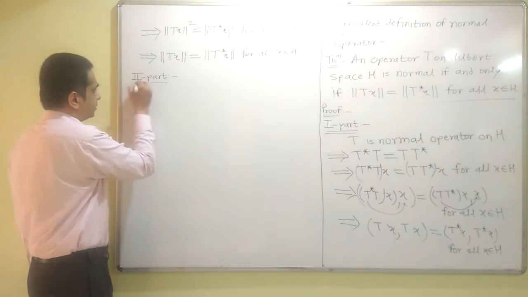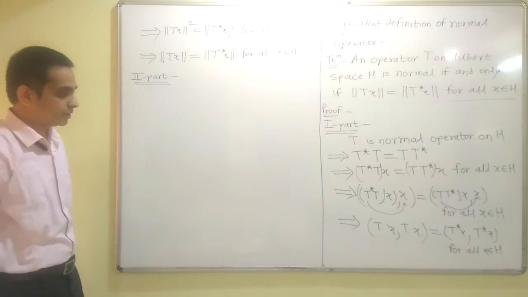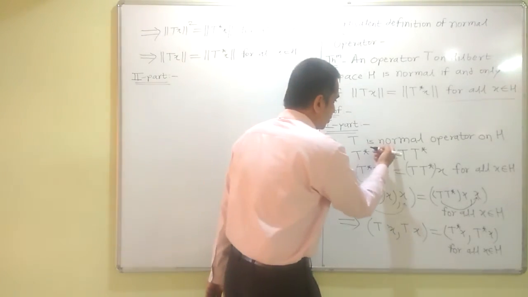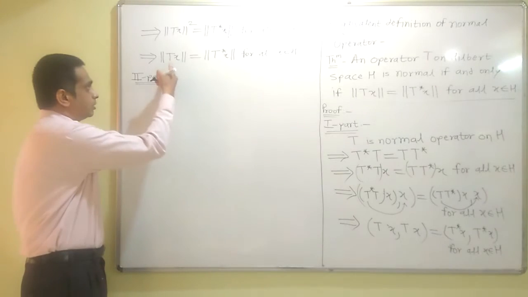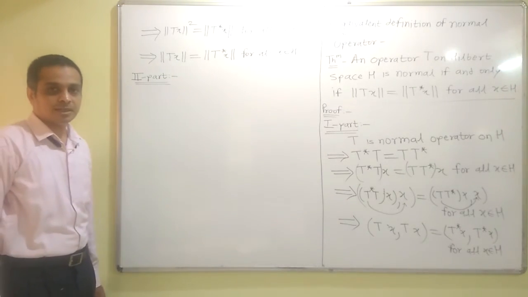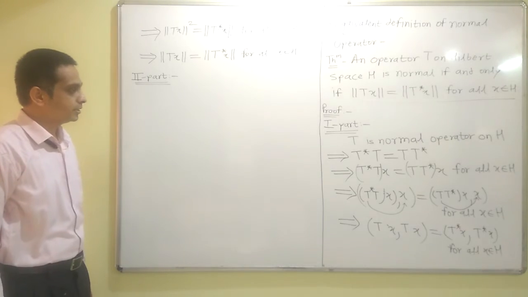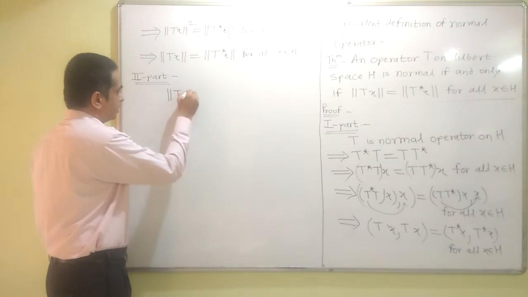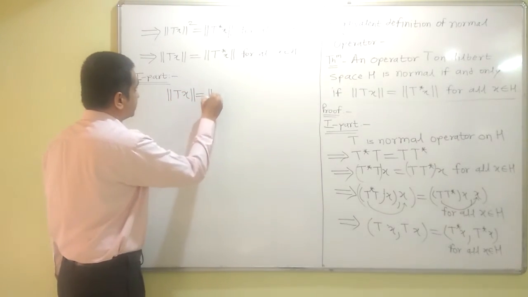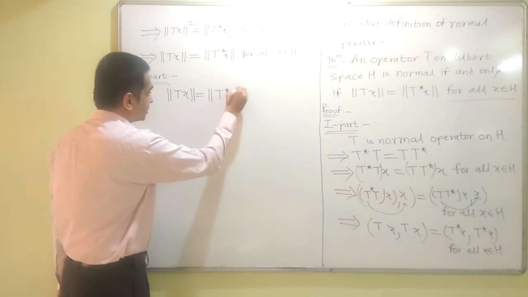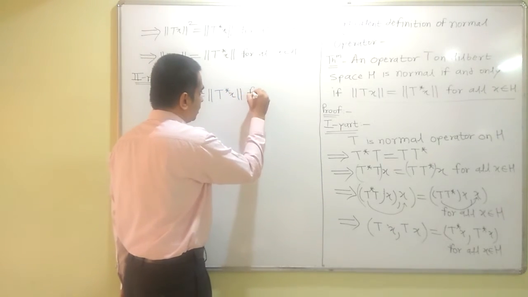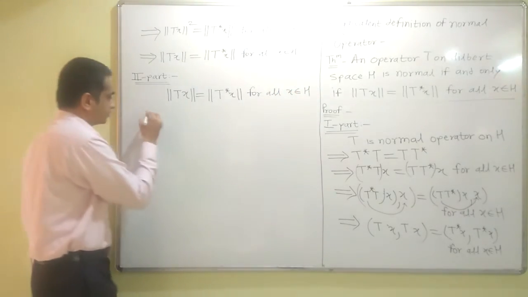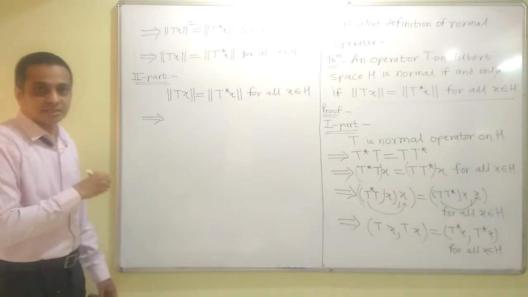In the second part we are going to prove the converse. So the converse is, in the first part we assumed that T is a normal operator on H, and we proved that norm of Tx is equal to norm of T star x for all x belongs to H. So in the second part we are going to prove the converse: assume that norm of Tx is equal to norm of T star x for all x belongs to H. Take square.